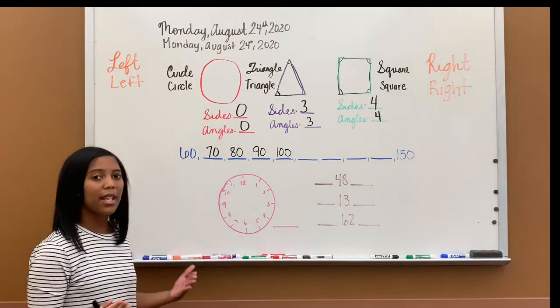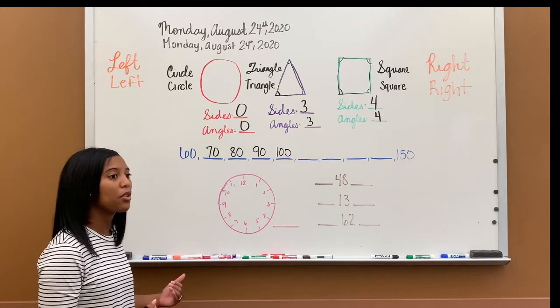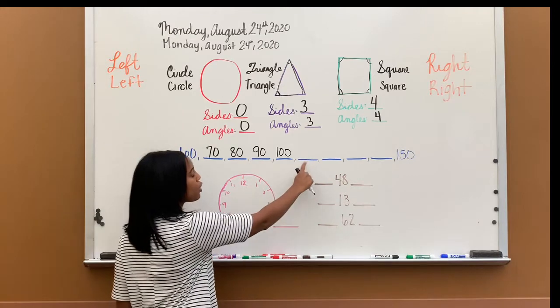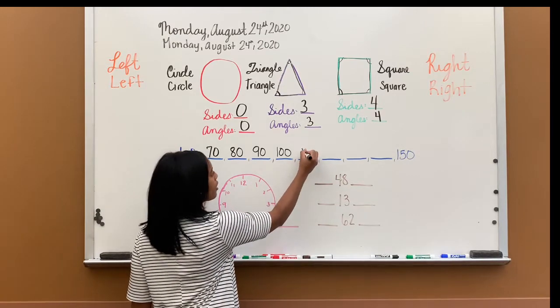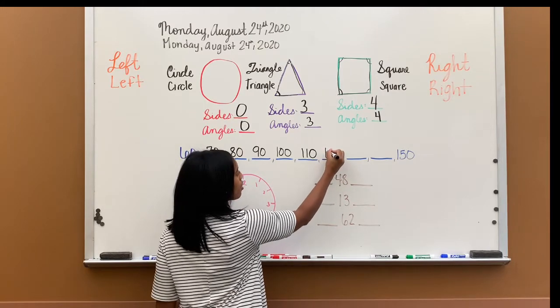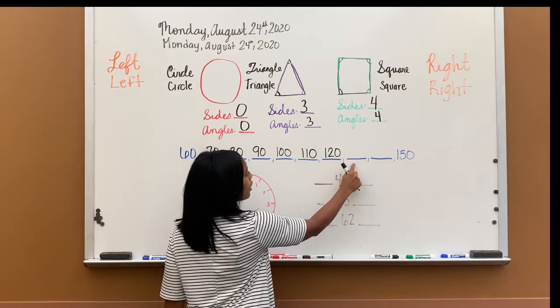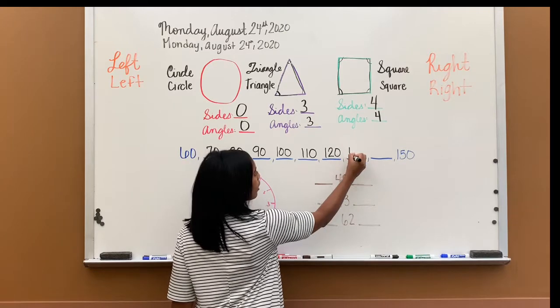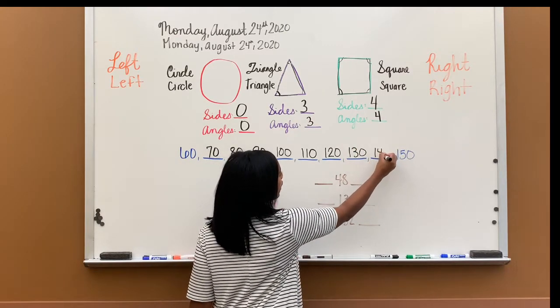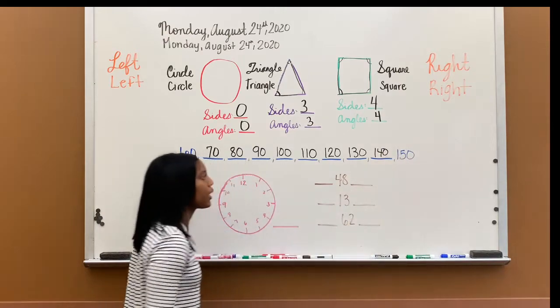It's the same exact pattern, except now we're in the hundreds, so we say 100, and after 100, I would say 110, 120, 130, 140, and then we finish with 150.